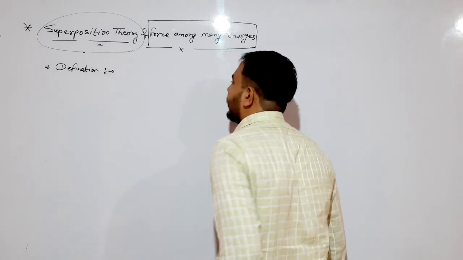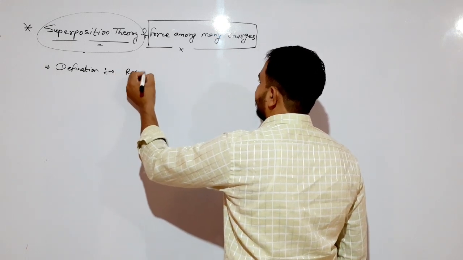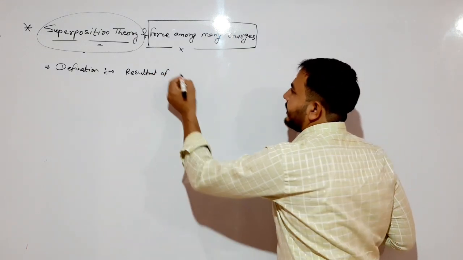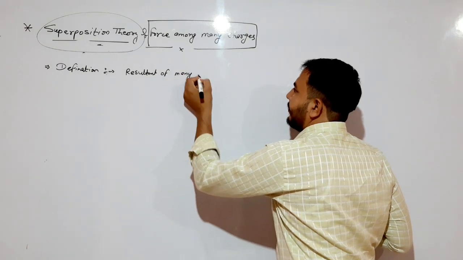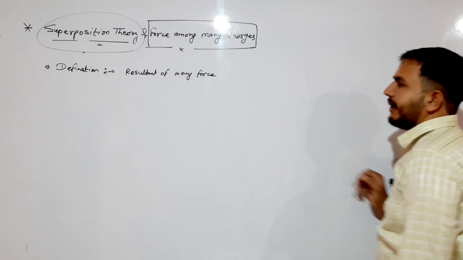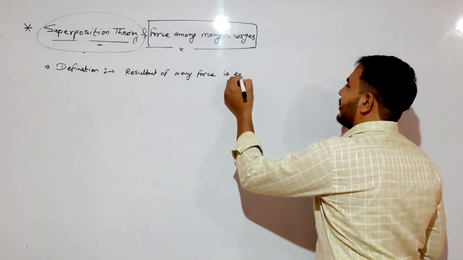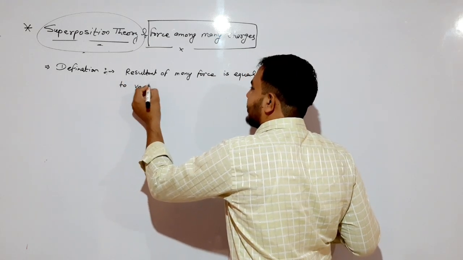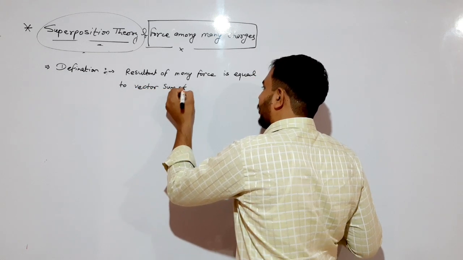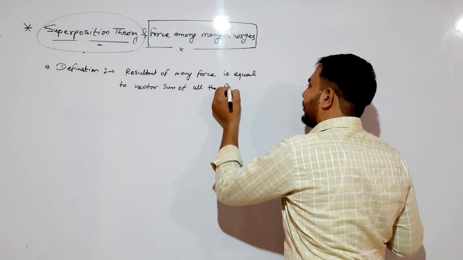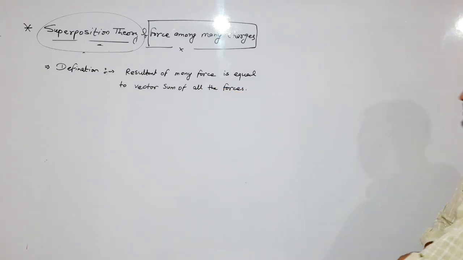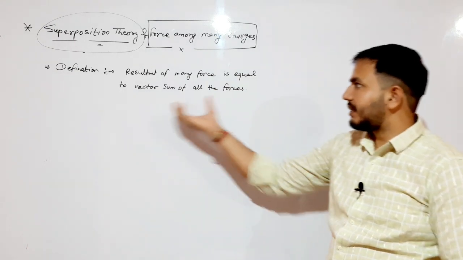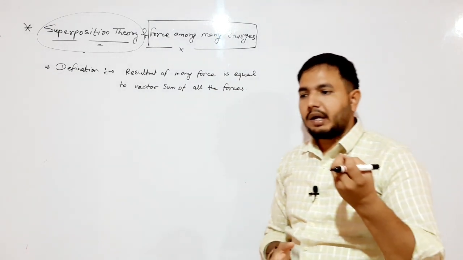In simple words, the resultant of many forces is equal to the vector sum of all the forces.